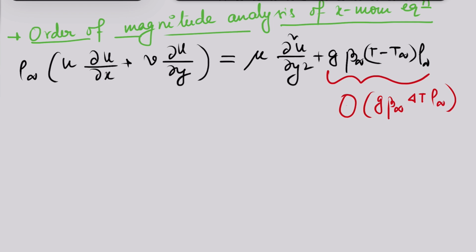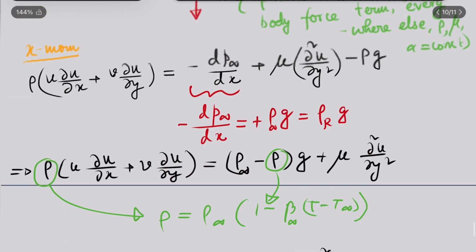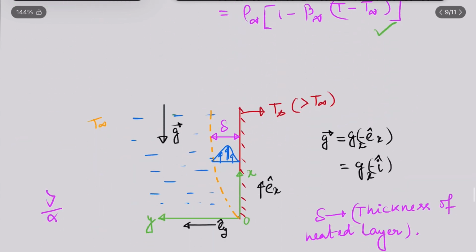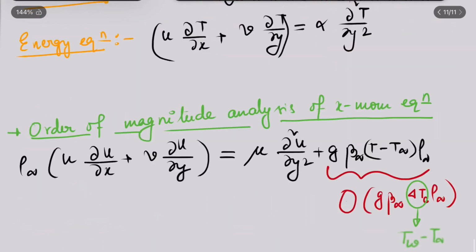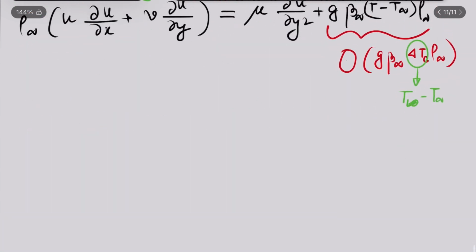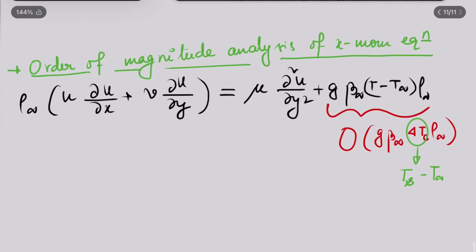This delta T, I should say delta Tc, the characteristic temperature difference, I should write as T wall minus T infinity. I have denoted the wall temperature by T surface, Ts, so for the sake of consistency I should write it Ts.